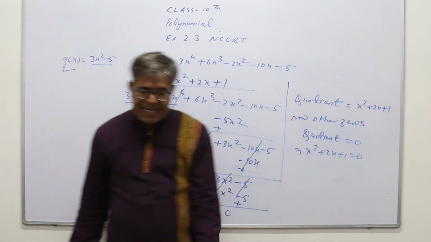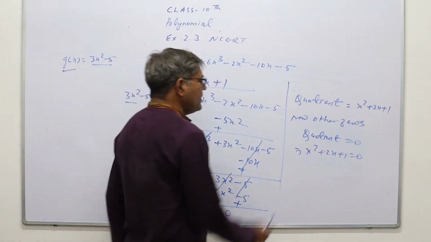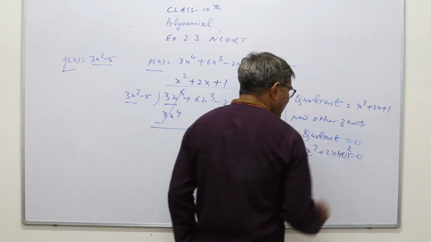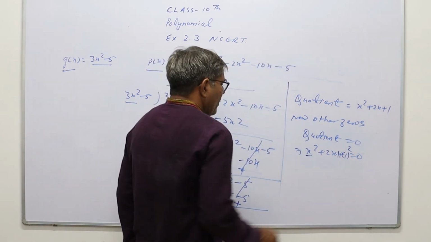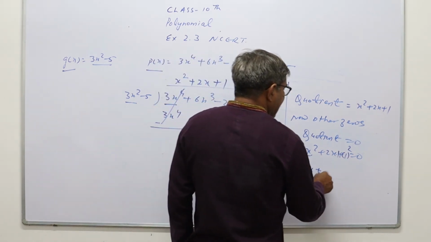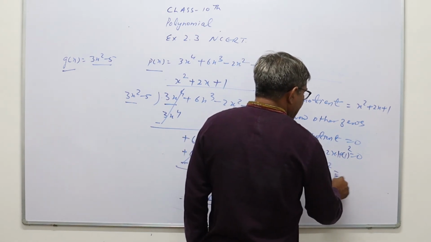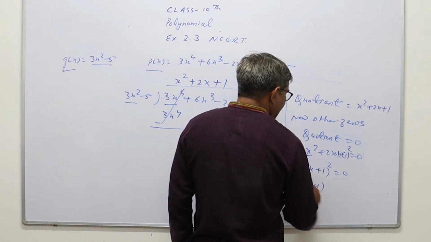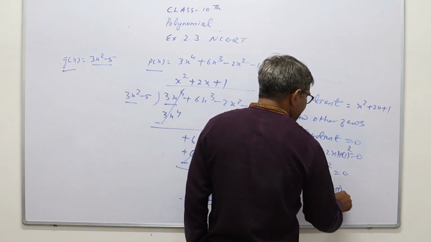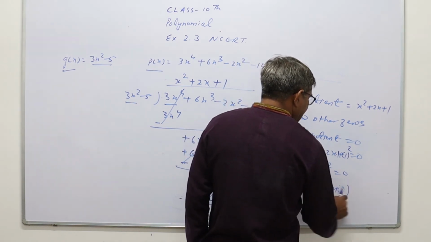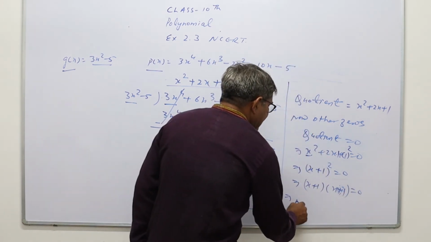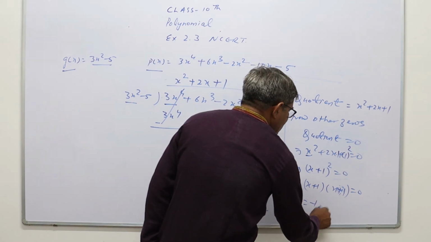It is x plus 1 whole square, because a square plus b square plus 2ab. So we can write x plus 1 whole square equals 0, which implies x plus 1 into x plus 1, there are two factors, x plus 1 into x plus 1 equals 0, which implies x equals minus 1, minus 1.